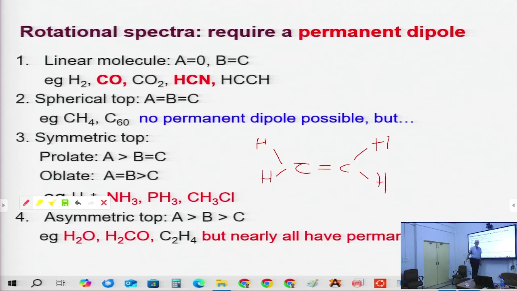So it's a planar molecule looking like this. It has one symmetry axis there, one there, one there. D2h symmetry. You can rotate it by 2π in every direction. It cannot have a dipole, or it wouldn't have that symmetry. So this is rather unusual, but it is possible to have an asymmetric top and still no dipole moment.